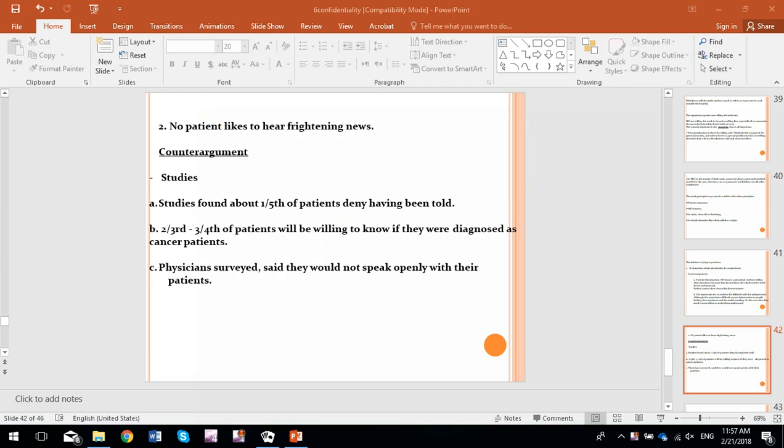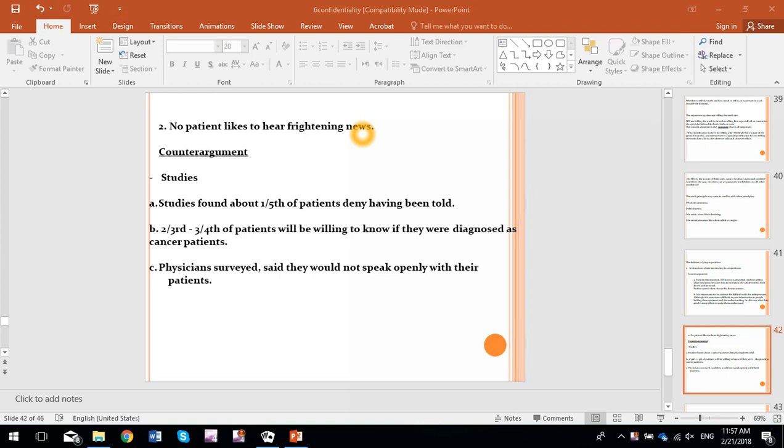The second issue is no patient likes to hear frightening news. This is from those who are defending the physician position and not telling the truth. The counter argument for this statement is based on studies.